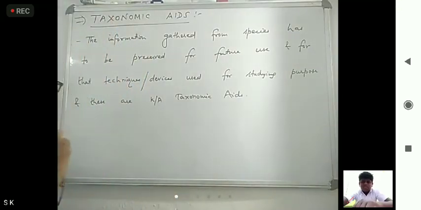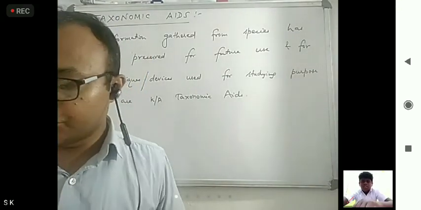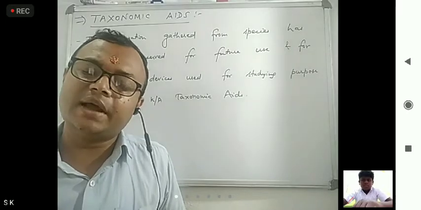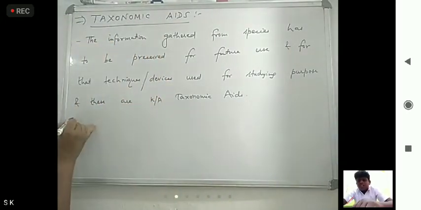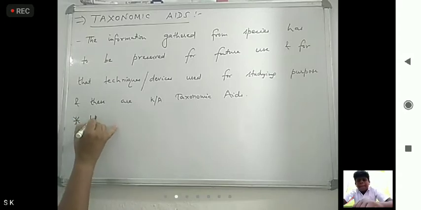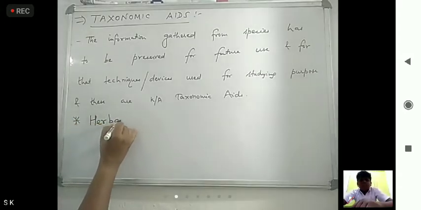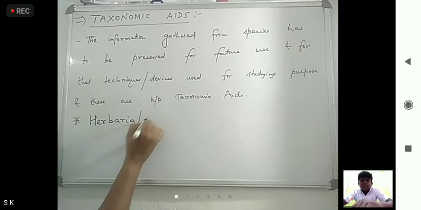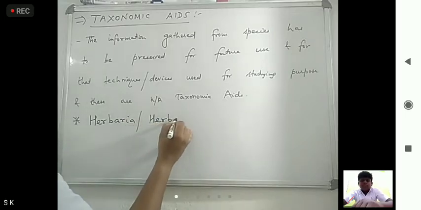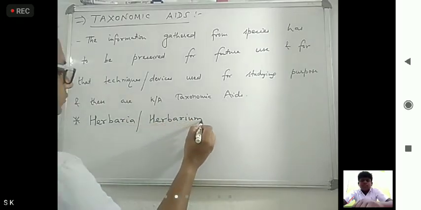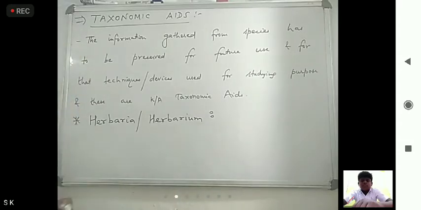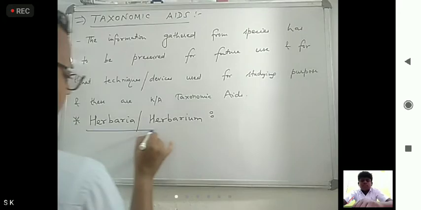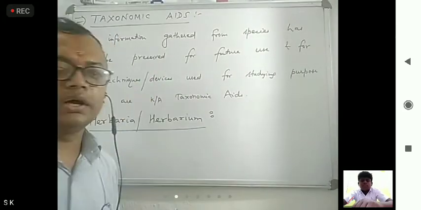Aids. Okay, so one by one we have to see that. Many taxonomical aids are there. Under that, first is herbaria, or herbarium.